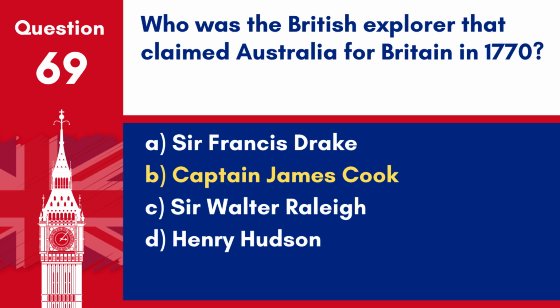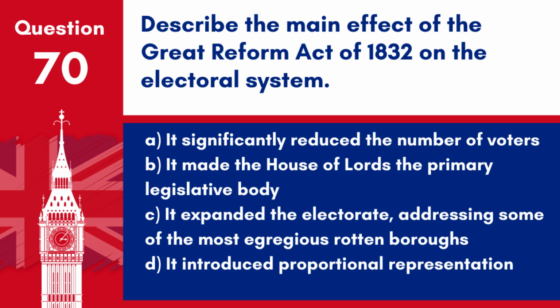Question 70. Describe the main effect of the Great Reform Act of 1832 on the electoral system. A. It significantly reduced the number of voters. B. It made the House of Lords the primary legislative body. C. It expanded the electorate, addressing some of the most egregious rotten boroughs.